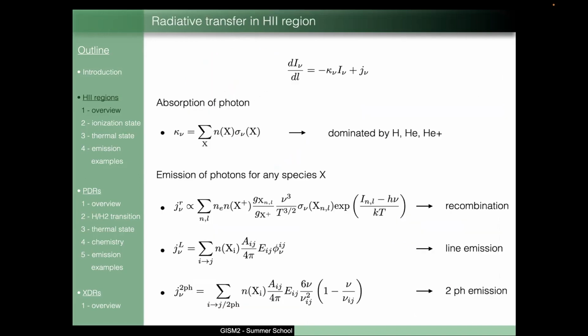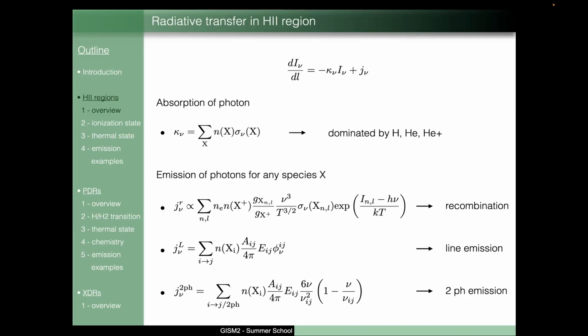So first, what is the ionization state of the gas? Well, in H2 regions, the ionization state is solely driven by this simple radiative transfer equation, where kappa nu stands for the absorption coefficient and G nu stands for the emission coefficient. As I said before, in H2 regions, the absorption is completely dominated by three species: H, helium, and helium plus.